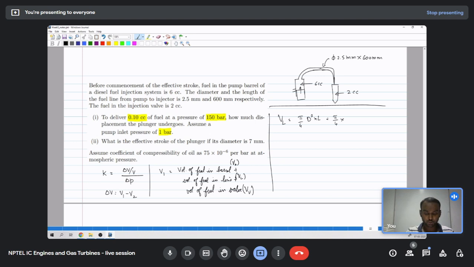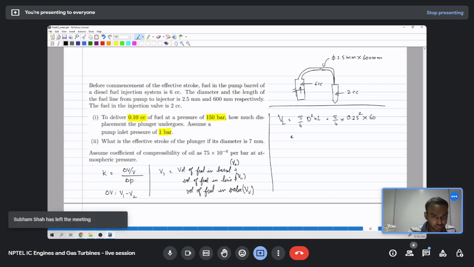So writing 2.5 mm in centimeters, it's 0.25 centimeters, into 600 mm, which becomes 60 centimeters, and I have the square here. Can someone compute this and let me know the answer?